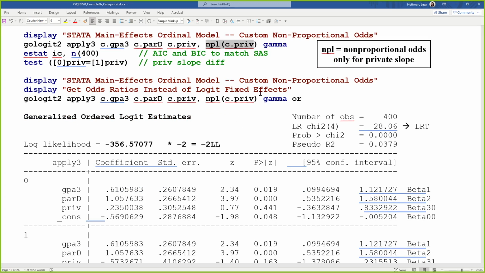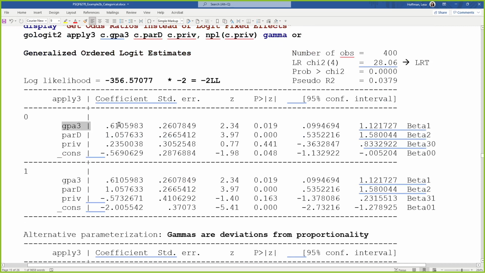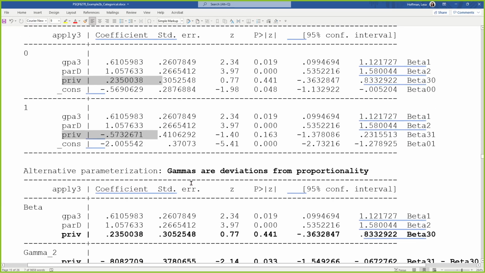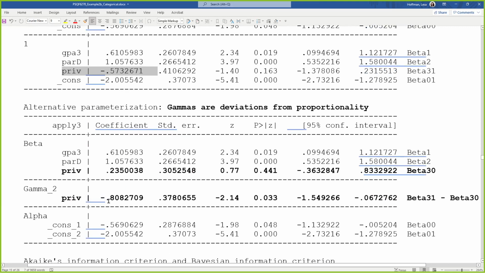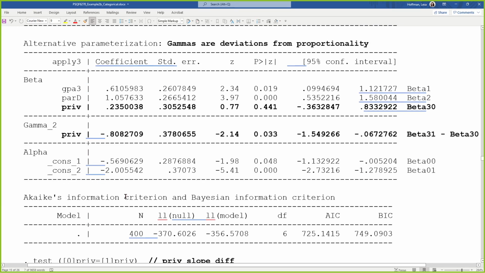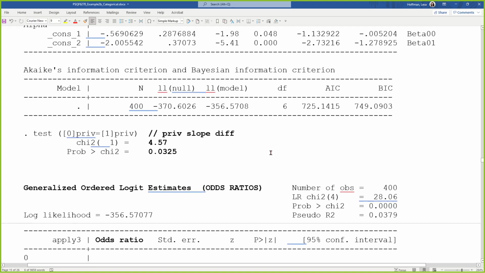Not proportional something, and I'm not sure what the L stands for. I don't remember. So then we get two different slopes for the effective private, and then the gamma output down below gives you the test of their difference. There's your p of 0.03.